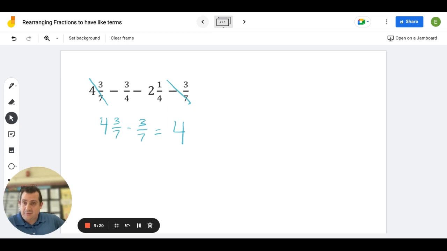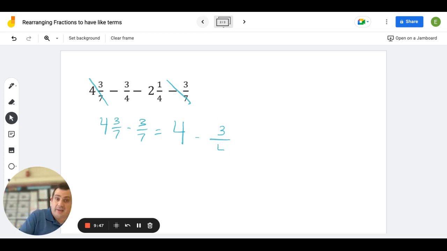So now I'm left with minus 3/4, and then minus 2 and 1/4. So for me, if that's what I'm subtracting, I'm now going to do 4 minus 3/4.